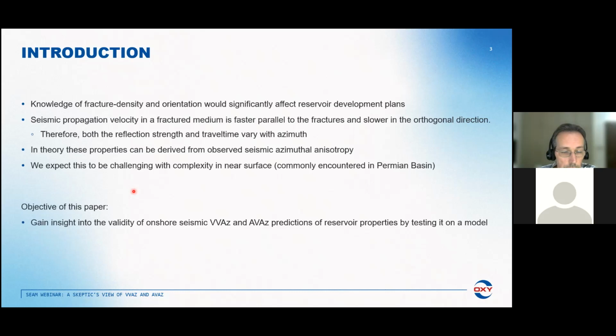So the objective of this paper and this research, or applied research if you will, is to gain insight into the validity of onshore seismic azimuthal analysis, in particular velocity and amplitude variation with azimuth on the P-wave, to see if those predictions can give us reservoir properties, by testing it on a known model.